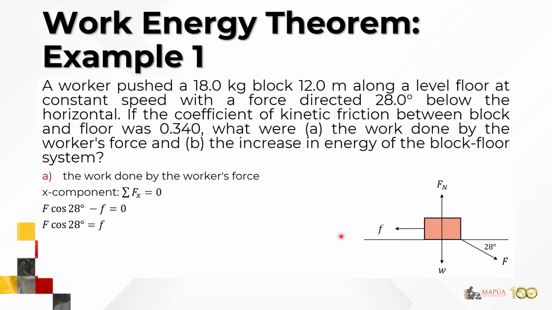Next, to solve for F, remember that f is equal to mu times F sub n. And F sub n is just equal to F cosine 28 degrees over mu.